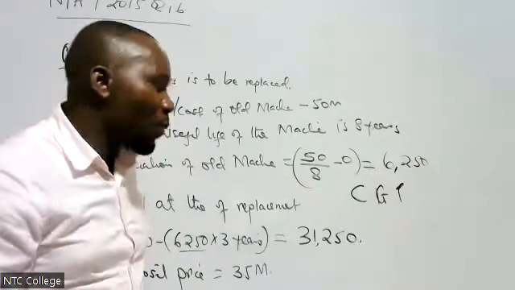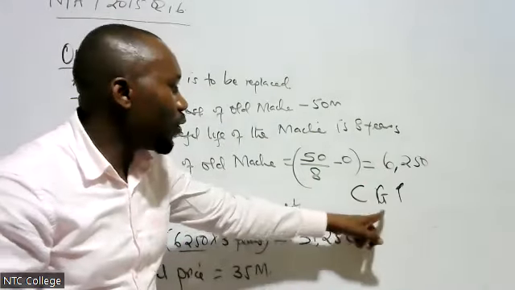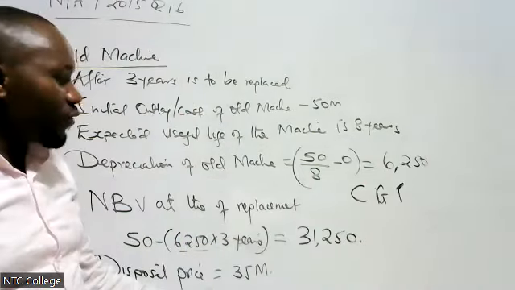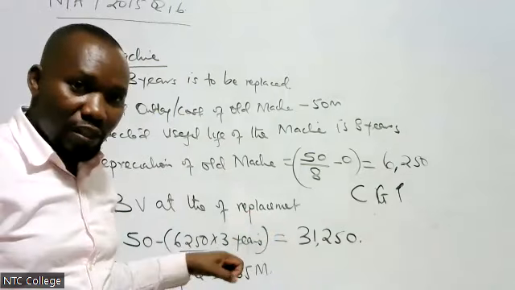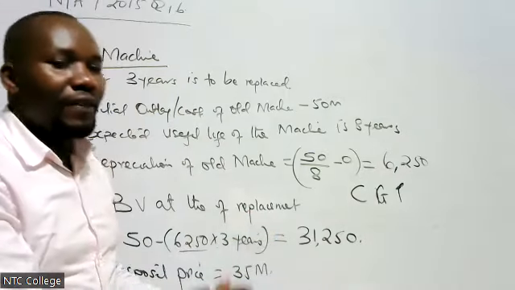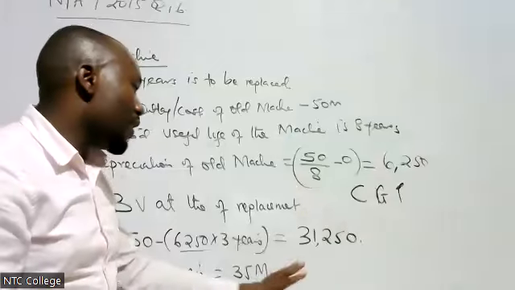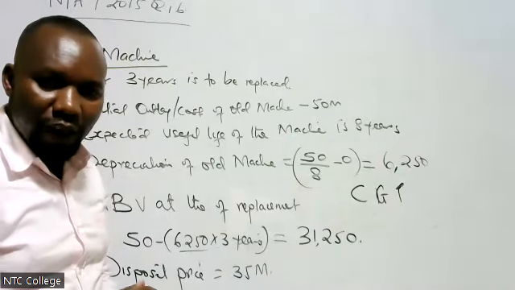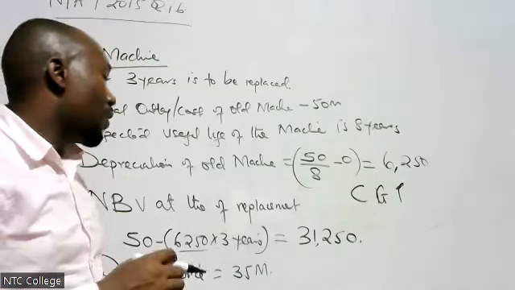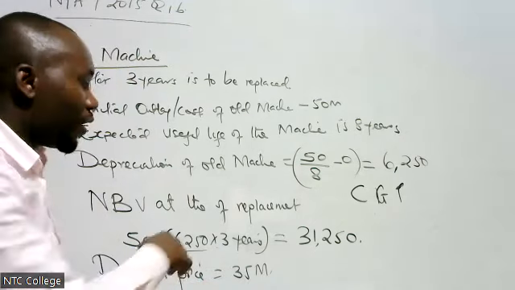Immediately when you sell a property, you pay CGT. So this will be paid because we are replacing the machine. We are going to sell it and then buy a new one. So there is money that we are going to pay here, from the income that we get.